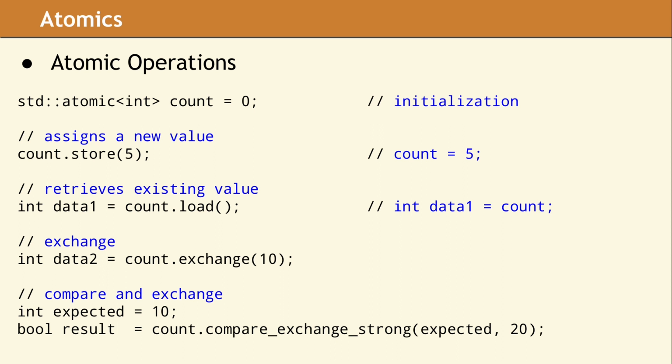If count is not currently 10, result will be false and the atomic will not be updated. There is the often overlooked side effect that occurs when this operation fails. The variable expected will be modified by the operation to reflect the current atomic value. In the case of result being false, you will typically see code which then examines the value of expected and takes some action based on that new value.